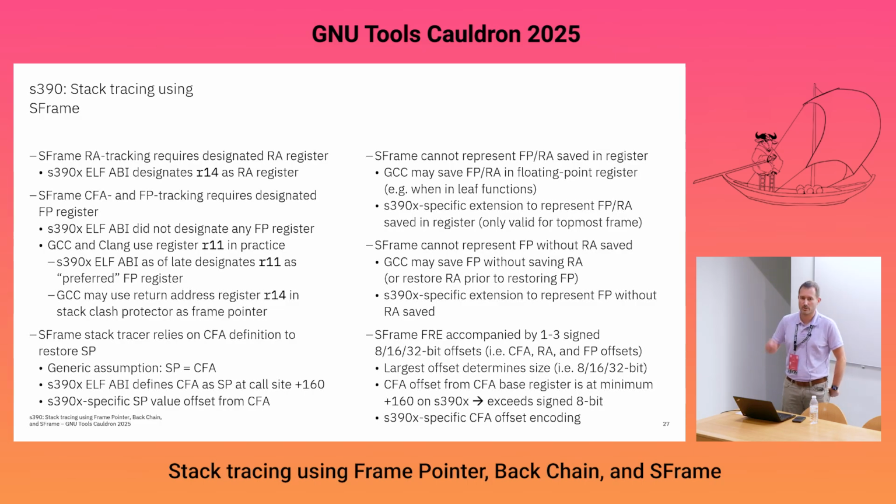Due to our CFA definition, the minimum CFA offset is 160, and this does not fit in 8-bit. We assigned 8-bit, we would never use those small offsets. And so I've implemented an s390 specific CFA offset encoding in SFrame.